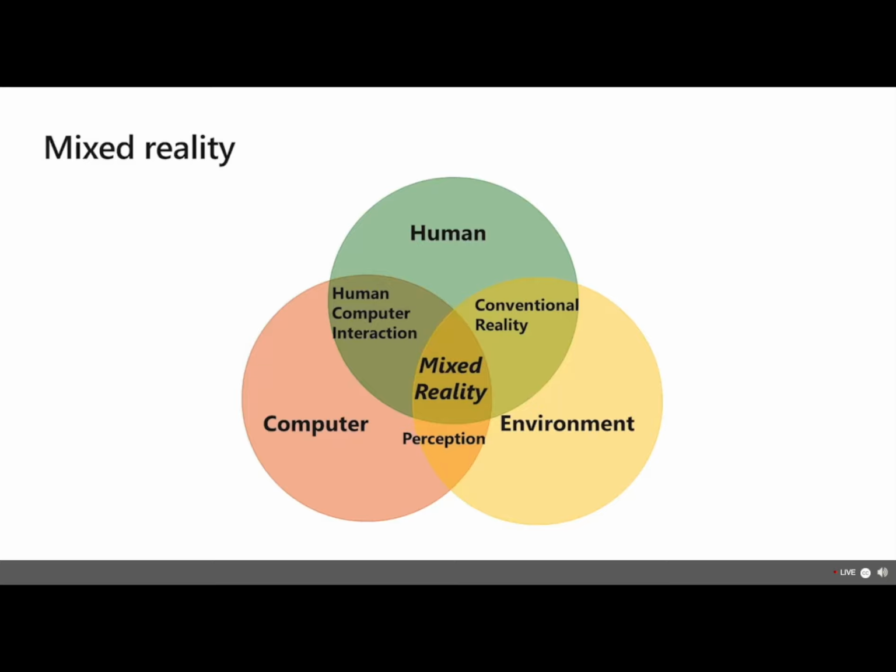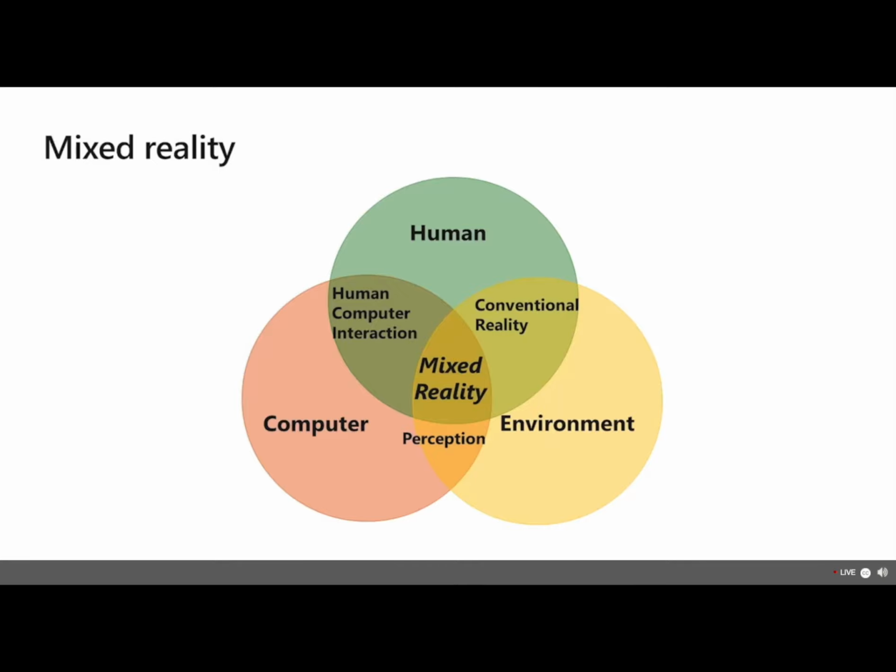And this is really made possible because we have such great advancements in computer vision, graphical processing power, display technologies, and different input systems. So in the graph on the screen, you can see how humans, the environment, and computer processing all interact.